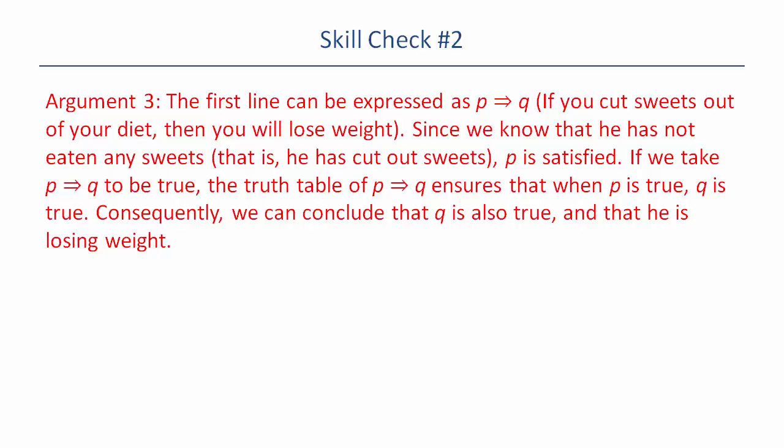Again, we have a conditional. If you cut out sweets, then you will lose weight. Since we know that he's not eaten any sweets, that is, he's cut out sweets, P is satisfied, right? Because the P statement is if you cut out sweets, and then they say he's cut out sweets. So they're basically saying P implies Q is true and P is true, and if we take those two things to be true, then Q is true given that P is true, right?